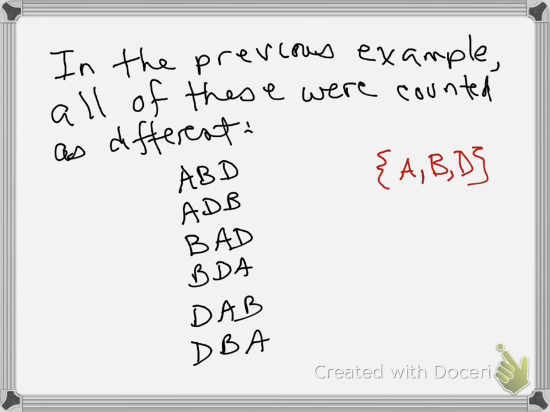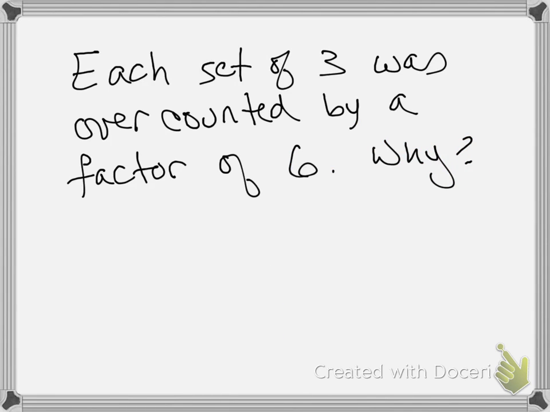So in other words, each of these was counted once in the previous example. So that particular set of 3 was counted a total of 6 times. But in fact, every set of 3 was counted a total of 6 times. So everything was overcounted by a factor of 6.